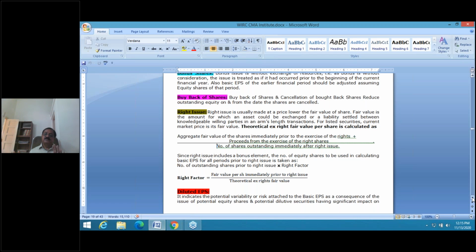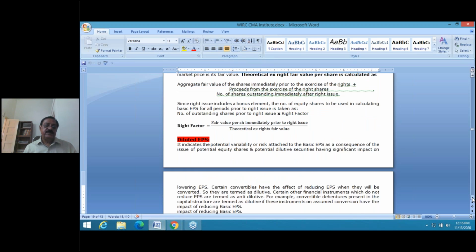But for value weights you have to find out the rights factor, because normally before rights the share price is higher and after, the ex-rights price will be lower. So the same shares which are there before rights will be there after rights, but their valuation will change. So for that factor you multiply the rights factor for the pre-rights period. How? Let's see. Then we'll go to diluted EPS.